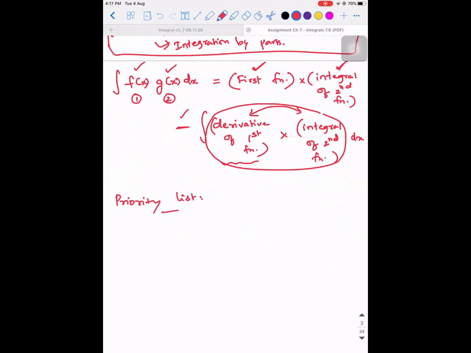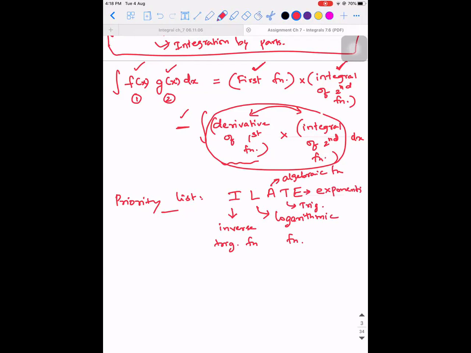The priority list is given by the expression ILATE, where I stands for inverse trigonometric function, L stands for logarithmic function, A stands for algebraic function, T stands for trigonometric function, and E stands for exponential function.